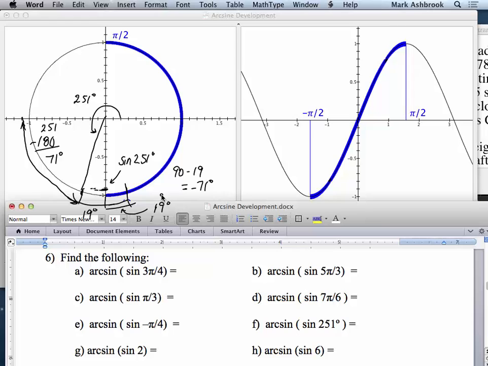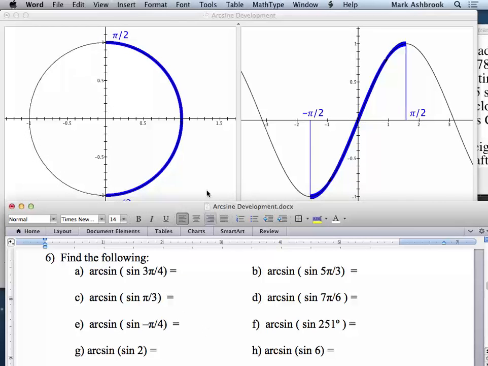Okay, what about arcsine of sine of 2? Lee, can you talk me through it? Right, so sine of 2, 2 radians I assume, would be somewhere in our second quadrant. Okay, more towards the top or the bottom? I think more towards the top, but pretty close to halfway in between. I knew that height is what I wanted, and I needed to find the other angle that would give me that same height.